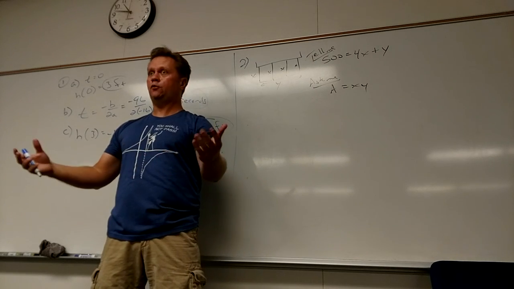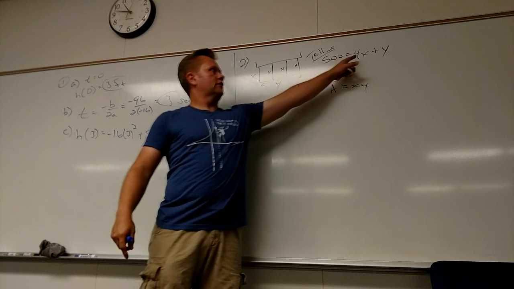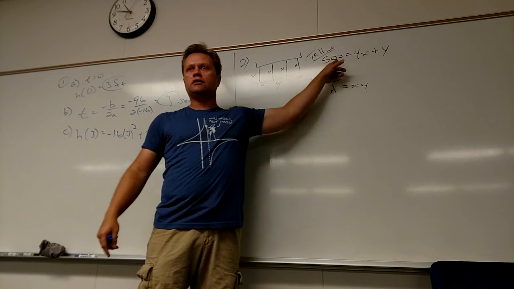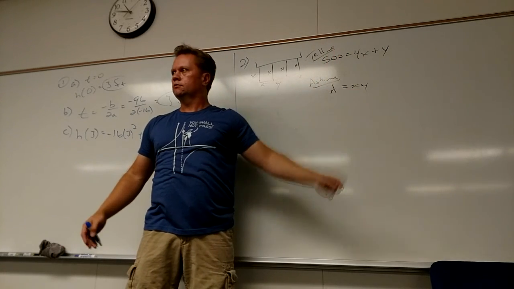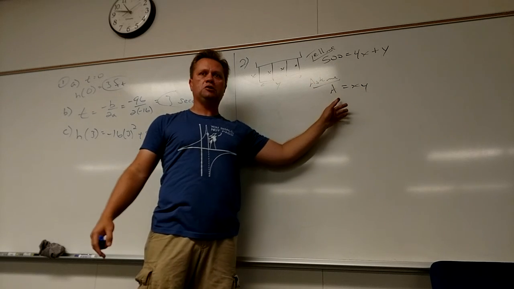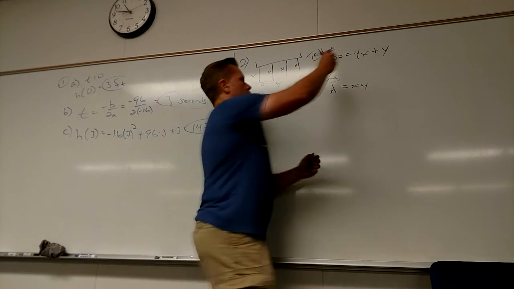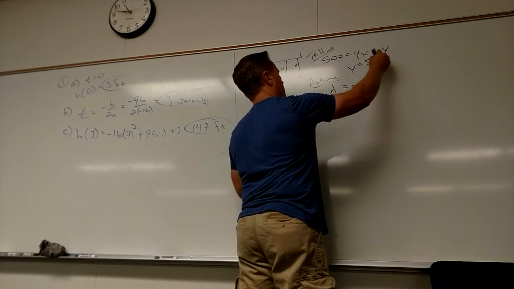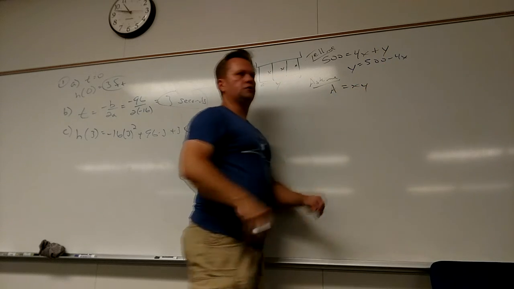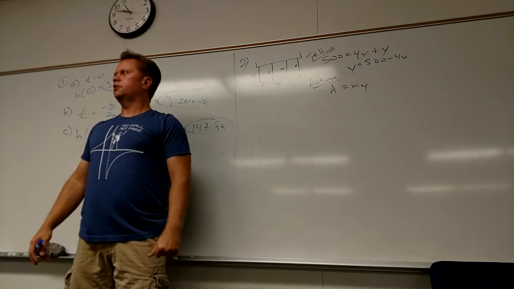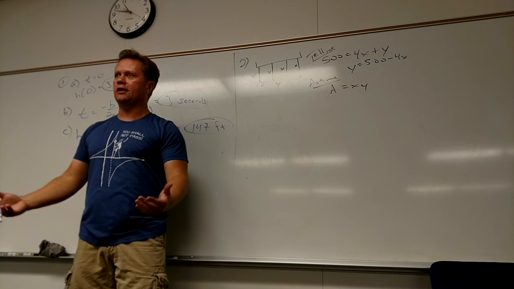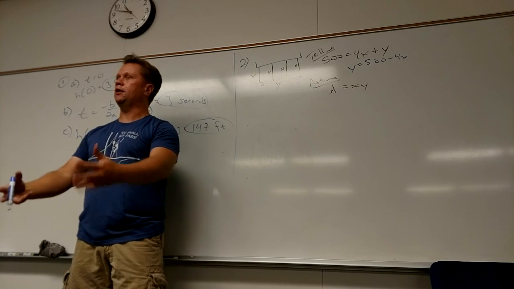Because if I solve it for X, I have to make a fraction that I shouldn't have to worry about. If I force you to do it, you should be able to do it. But why would you do it? Because Y is 500 minus 4X. That's beautiful. No fractions, right? Now, if you did solve for X, you could still get the right answer. It's just going to look a little uglier on the way.